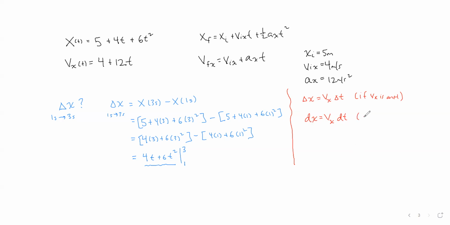But this is always true because a tiny, tiny time interval, an infinitesimal time interval dt, is one in which there's no time for the velocity to change. The velocity has one distinct value at each infinitesimal moment of time.